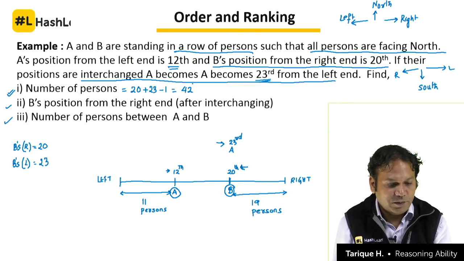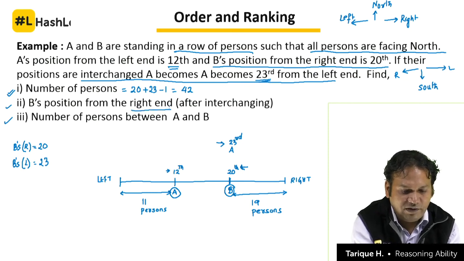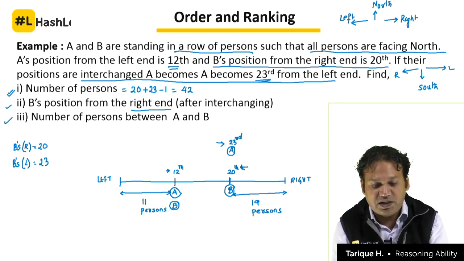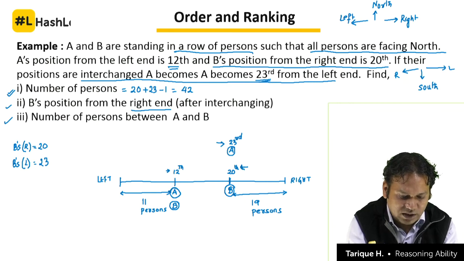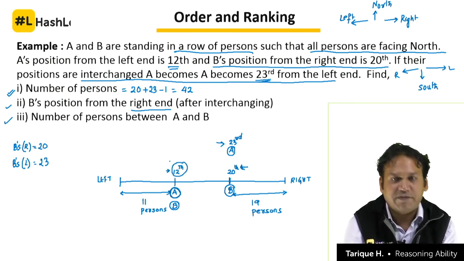Number of persons 42. B's position from the right end after interchanging. So if B is placed here and A is placed here, so their positions are interchanged. What is B's position from the right end? Now we know that the same position was earlier held by A and this position was 12 from the left.